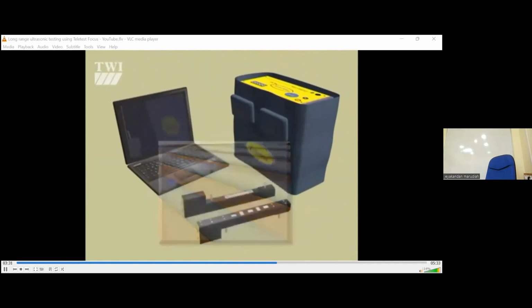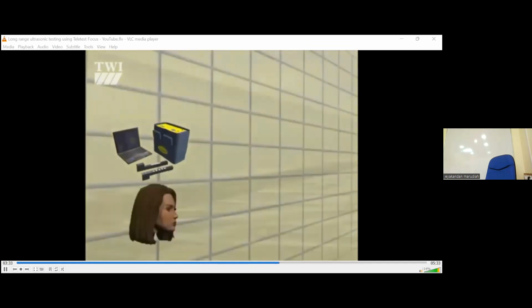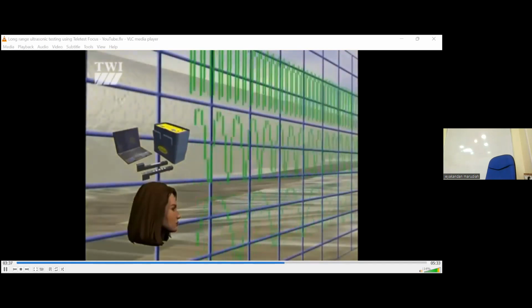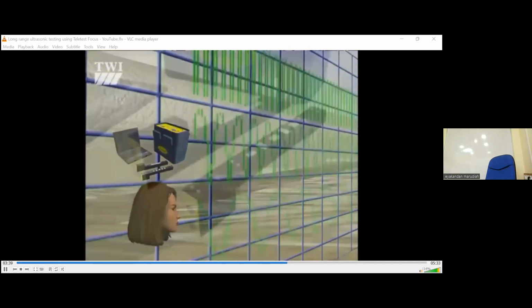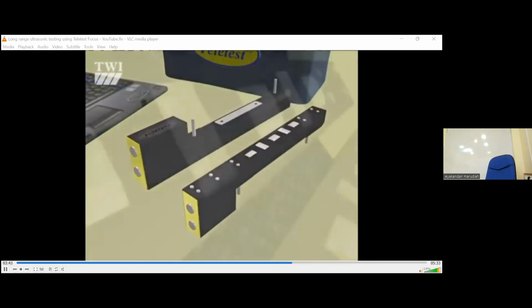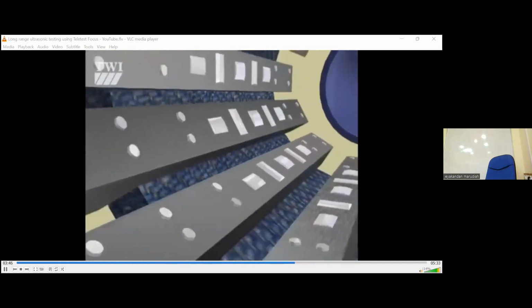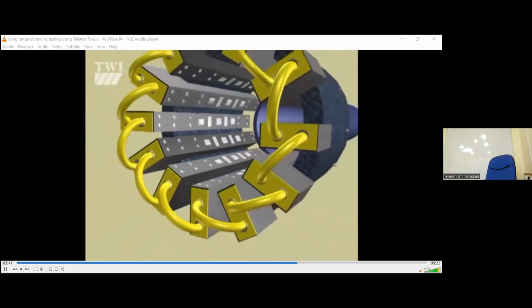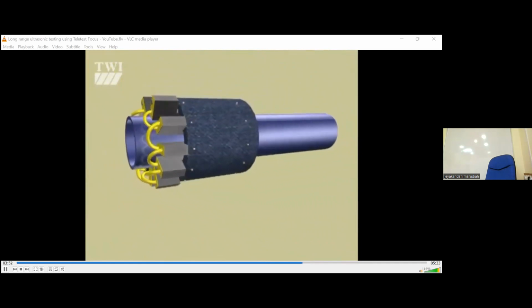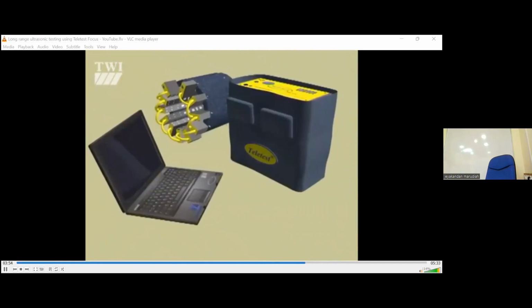It's an ultrasonic system, but it uses ultrasonic frequencies much lower than those used for conventional ultrasonics. The transducers, these parts just here, are pressed against the pipe and operate at several tens of kilohertz, as opposed to megahertz frequencies used in conventional ultrasonic testing.